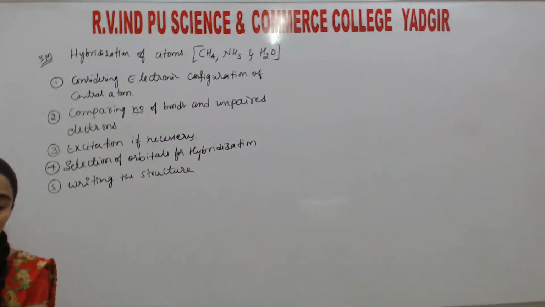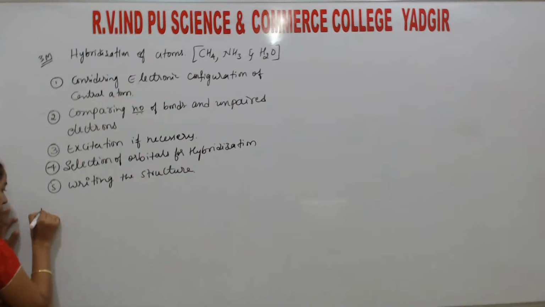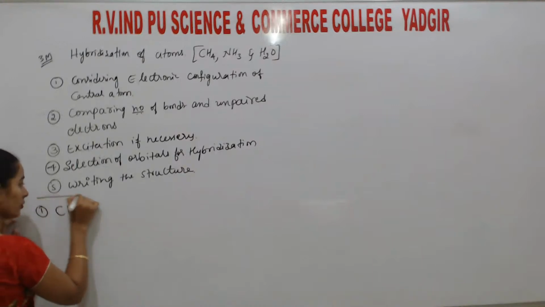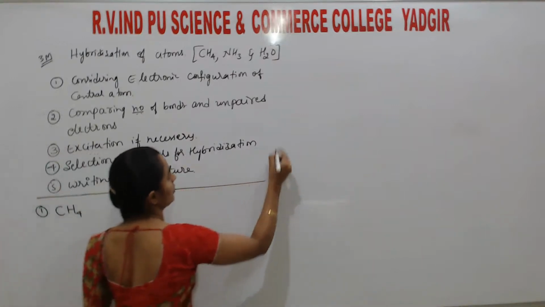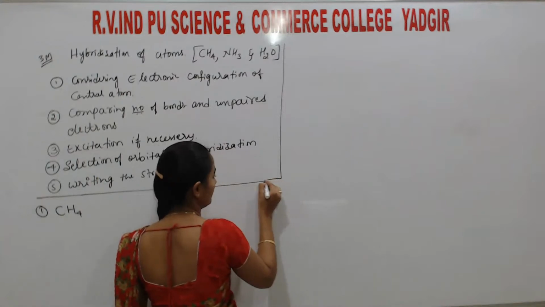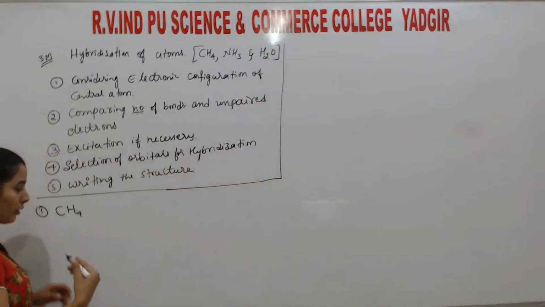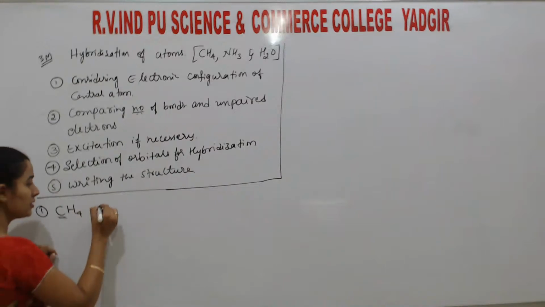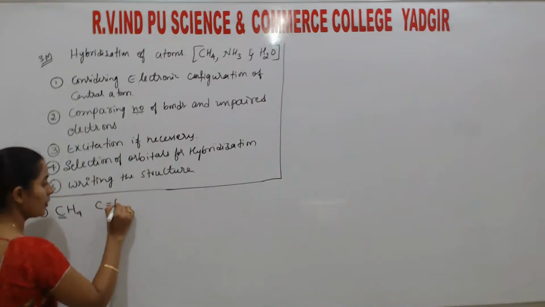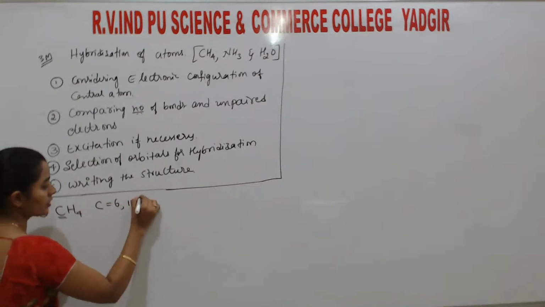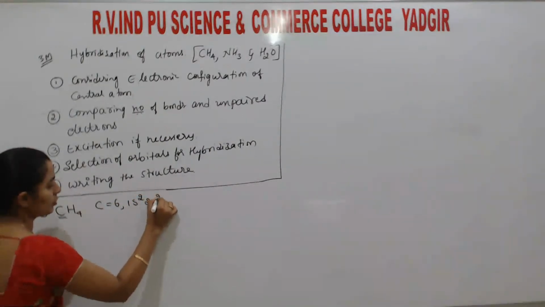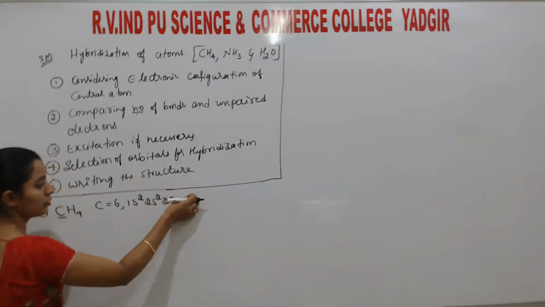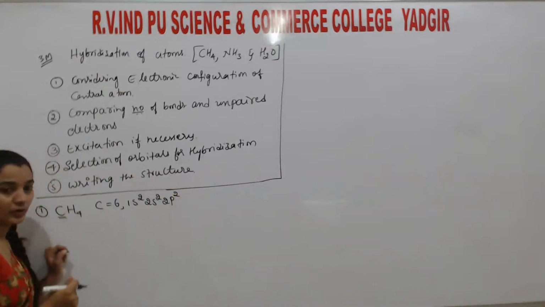Okay, listen. Here, what we are going to think, I'll consider the first molecule, that is CH4. So in this, the central atom is carbon. Students, write here, carbon atomic number is 6, configuration 1s2, 2s2, 2p2.